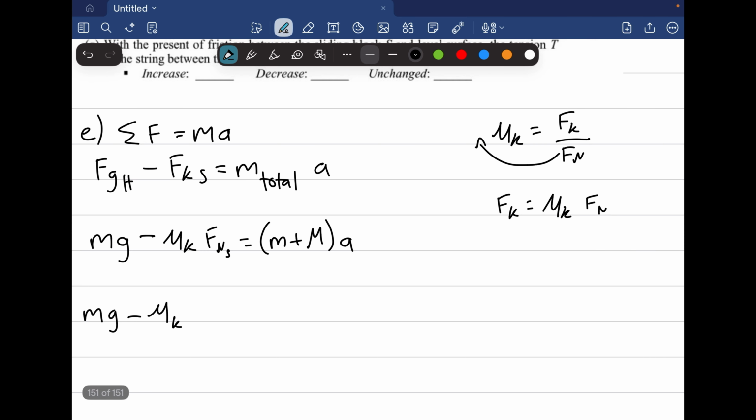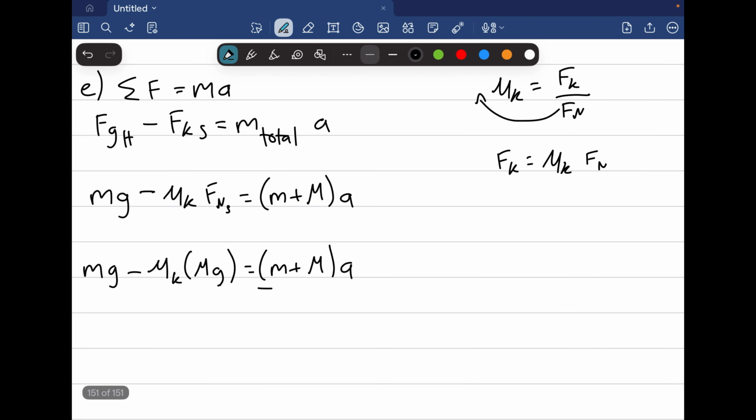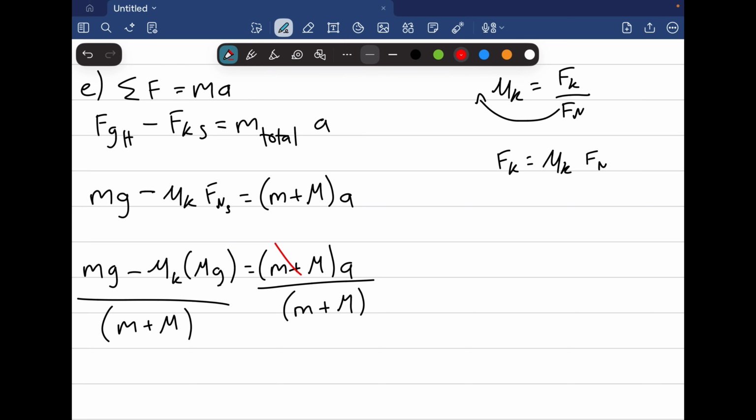So I'll rewrite that as capital M g, which is Fg, is equal to lowercase m plus capital M a. And then divide both sides by lowercase m plus capital M. This would cancel out.